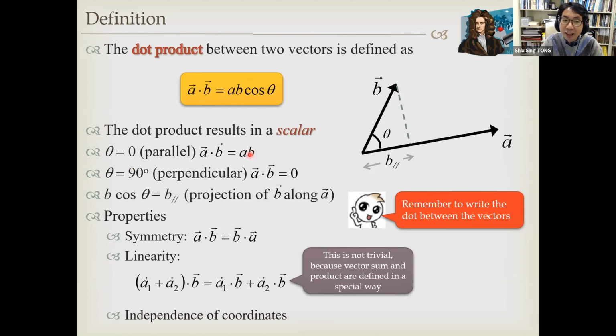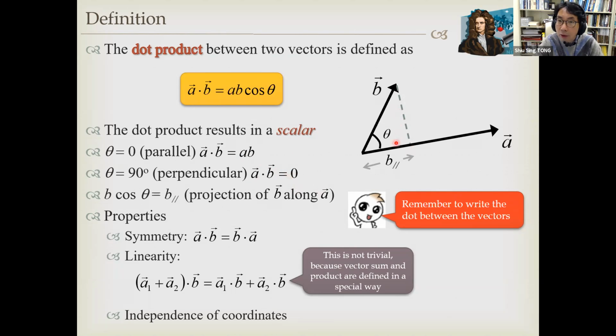And when theta is 90 degrees, cosine theta is zero, right? So the two vectors are perpendicular to each other, and the dot product will be zero. So two parallel vectors have a dot product equal to the product of the magnitudes, and two vectors perpendicular to each other have a zero dot product.